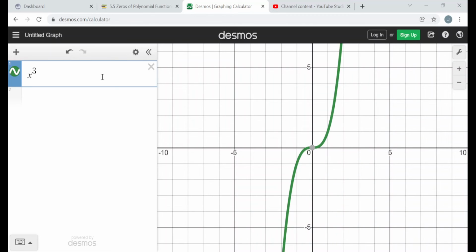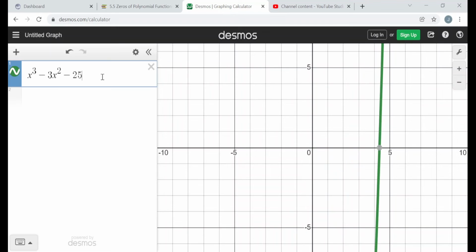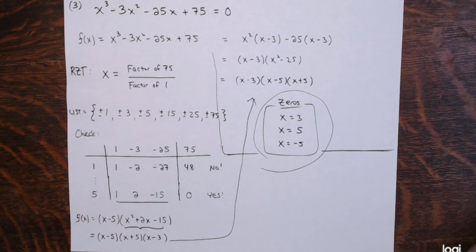We have x cubed minus 3x squared minus 25x and then plus 75. All right. And see the intercepts, x-intercepts, these 3 points here, negative 5, positive 3, positive 5. Exactly the same 3 numbers, the same 3 zeros, same 3 solutions I wrote out on paper here.